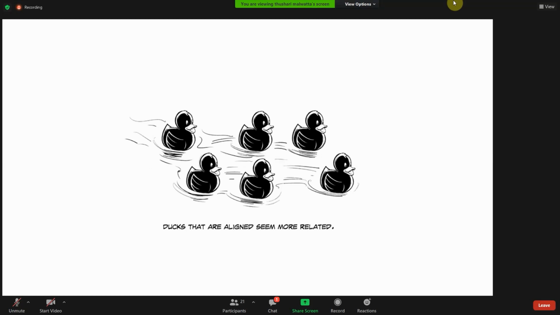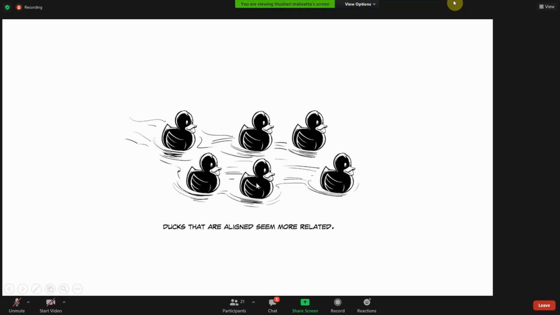And do you feel that the ducks that are aligned seem more related? These two, you feel it more related than this one. This is not aligned.